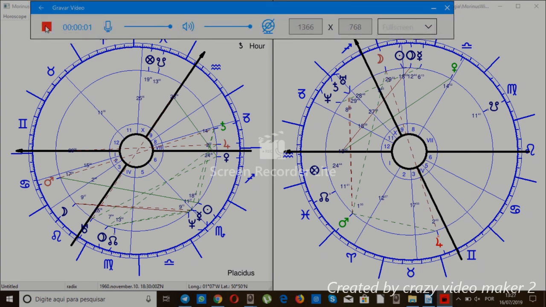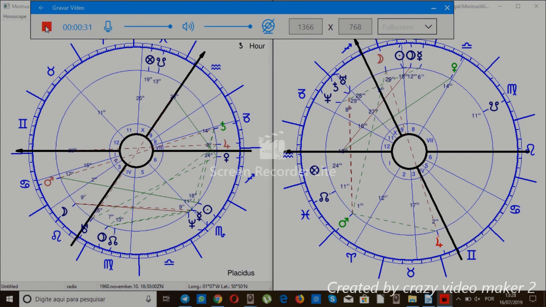When a certain planet is emphasized in any way in the solar return, it can mean either what it rules in the solar return, what it rules in the natal chart, or any of its essential natural significations. So Saturn could mean anything. In the solar return, it rules the 12th house, rules the first.